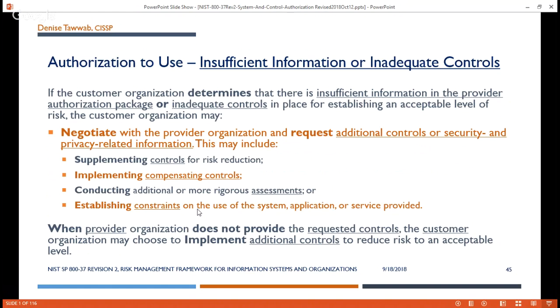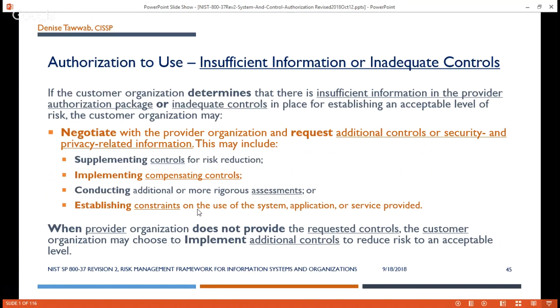You can negotiate with the provider organization and request additional controls or security and privacy related information. This could include supplemental controls for reducing risk, implementing some compensating controls, conducting additional or more rigorous assessments, or establishing constraints on how you use the system, application, or service that's provided.